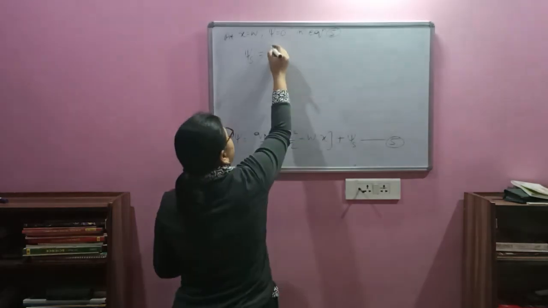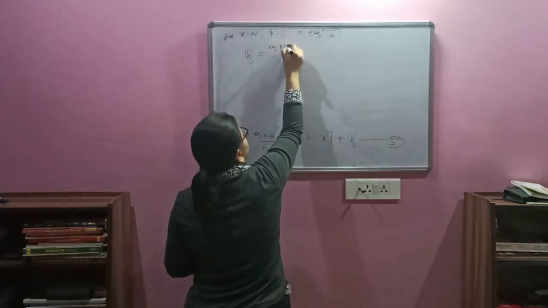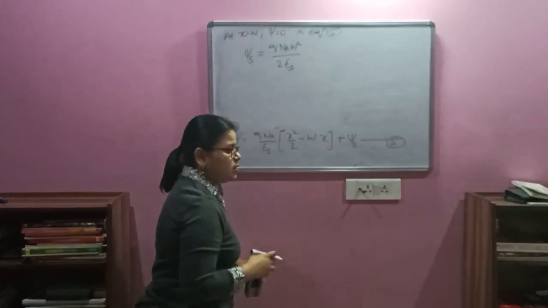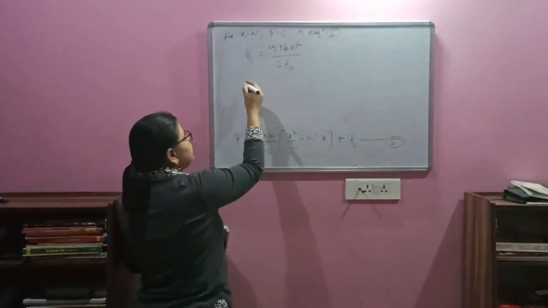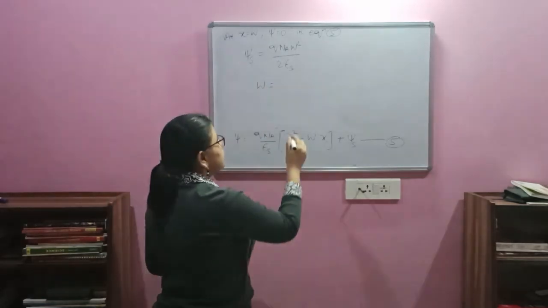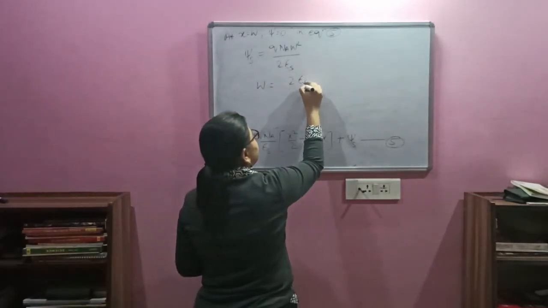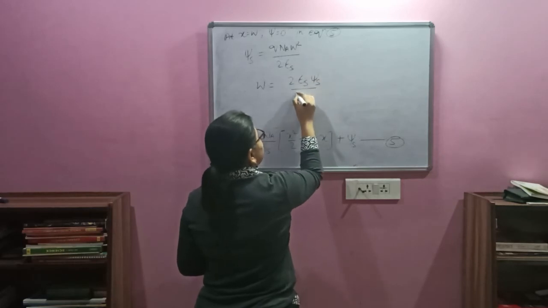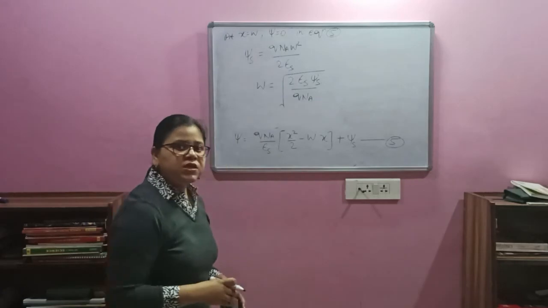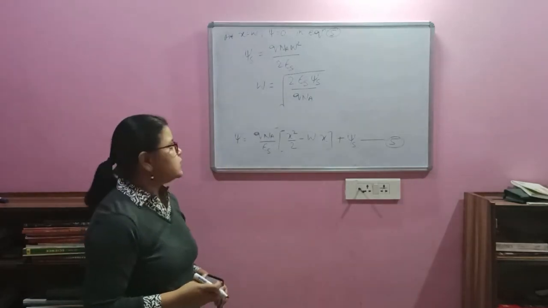So this will give me q Na w square upon 2 epsilon s. And from here, if I have to write down what will be w, it will be written as 2 epsilon s psi s upon q Na. So this is the depletion layer width.